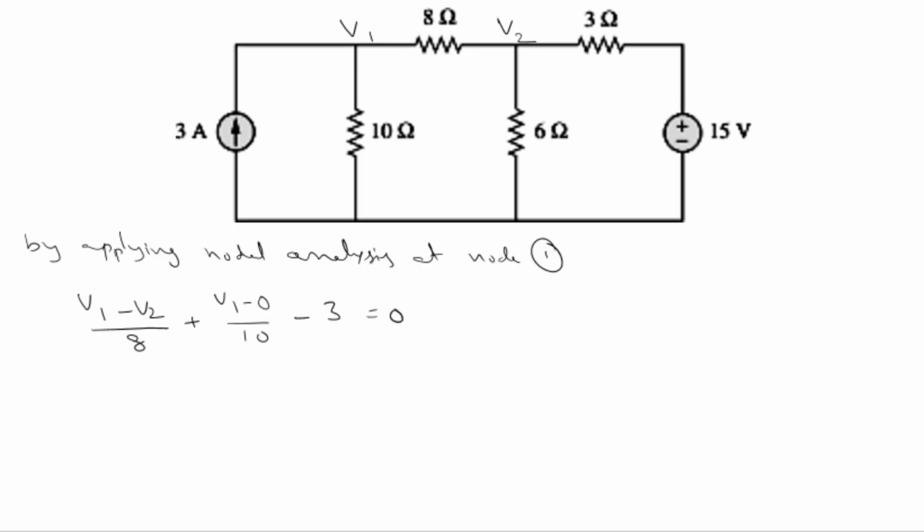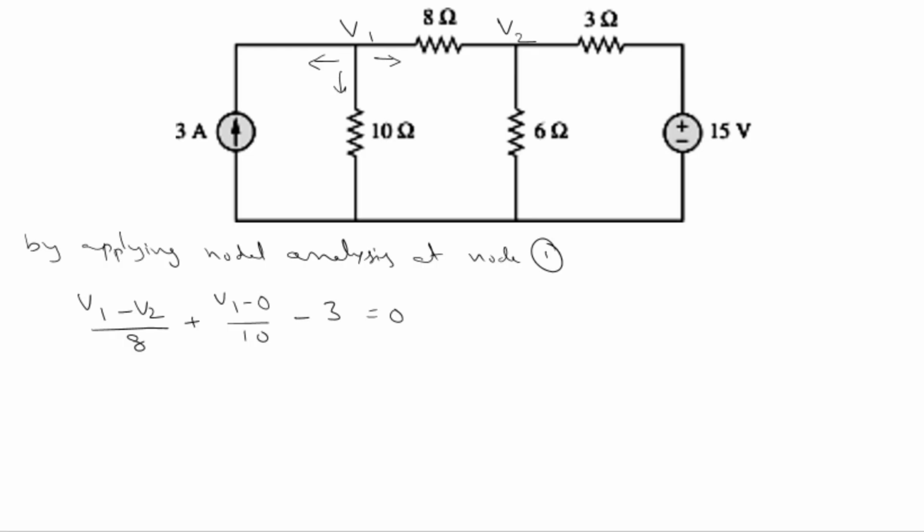The direction of the 3 ampere current is upward; here we are considering V1 as the reference, so the direction from V1 is exactly opposite to the 3 amperes.